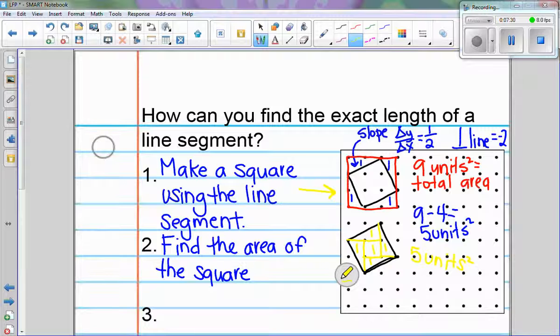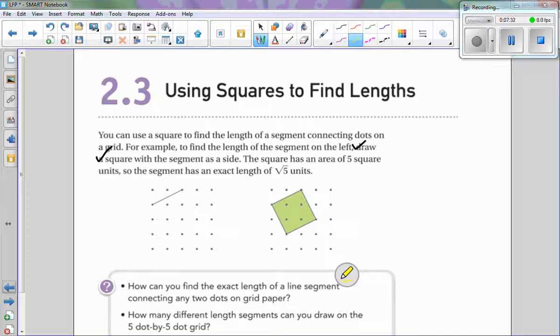Okay, let's go back. What is the last thing that we are going to do in order to solve this? We have one more step. Eli? Find the square root of the area, and that is the side length of the square. Yeah. So we'll cross that off there.